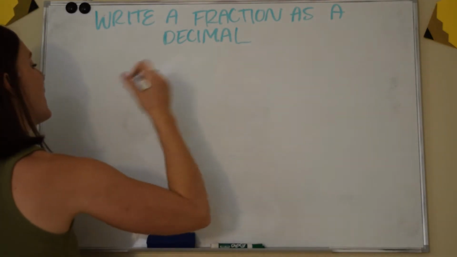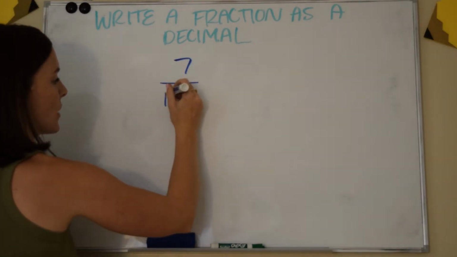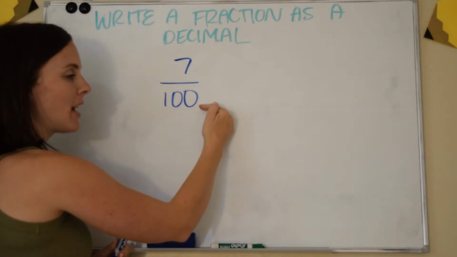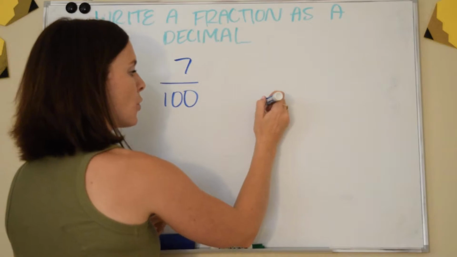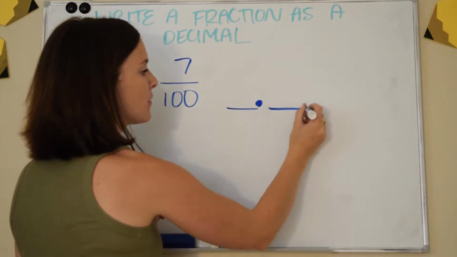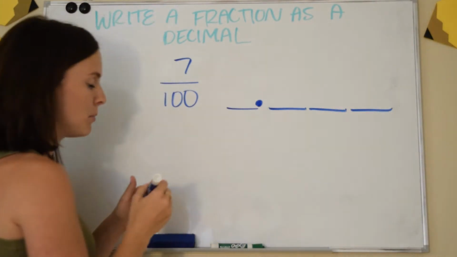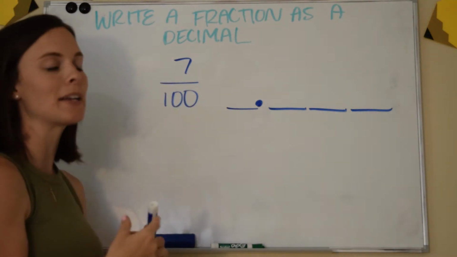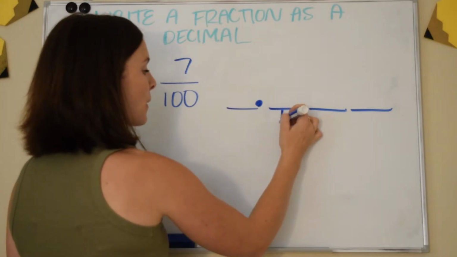What if I had 7/100? Remember, take this digit and write it in the hundredths place. So I have my decimal. I always fill in the empty places with zeros, so I make sure that I put the 7 in the right spot. If it helps you, write this out every time.